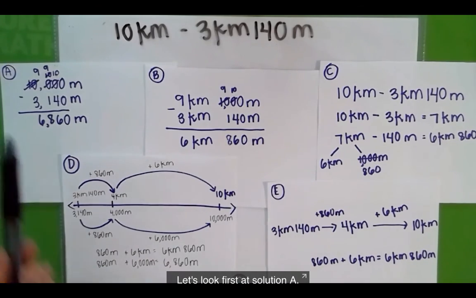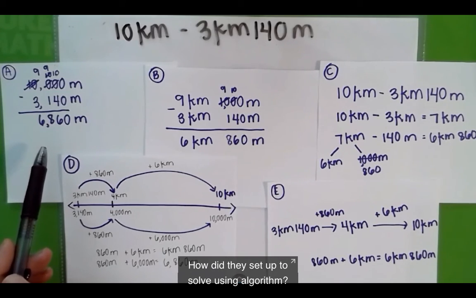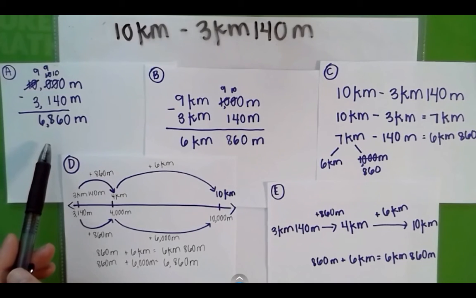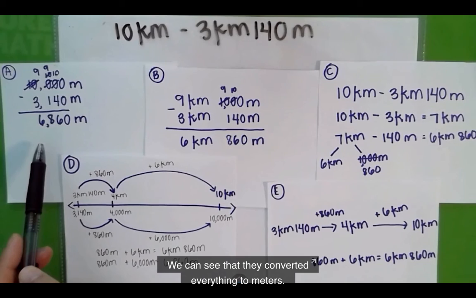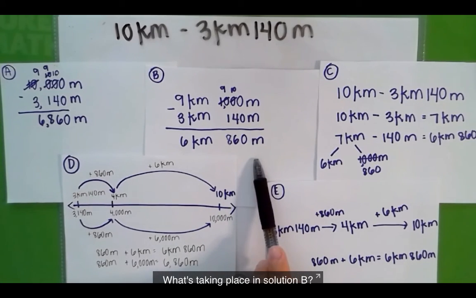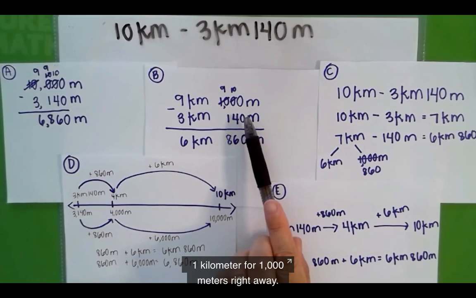Let's look first at solution A. How did they set up to solve using the algorithm? We can see that they converted everything to meters. What's taking place in solution B? Here we can see that they renamed 1 kilometer for 1,000 meters right away.